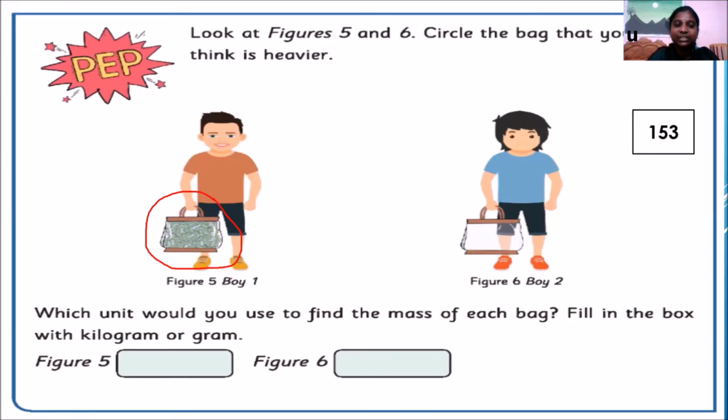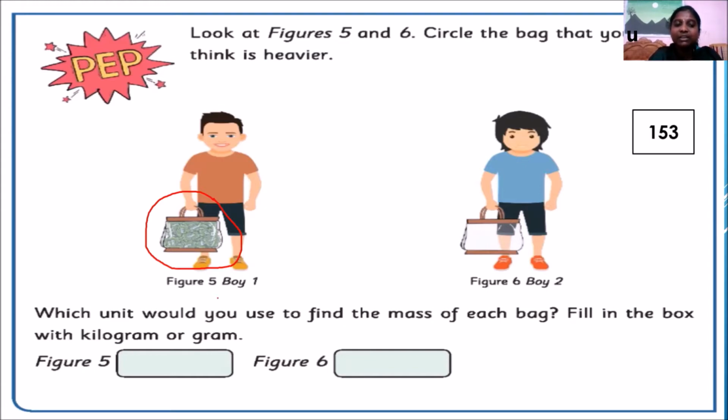The next question, which unit would you use to find the mass of each bag? Fill in the box with kilogram or gram. If you want to measure the weight of an object, we can say it as gram and kilogram. We can measure heavy object in kilograms and lighter object in grams.